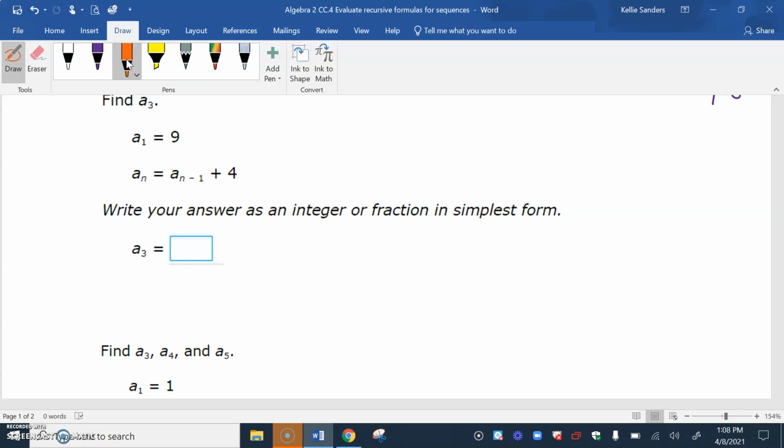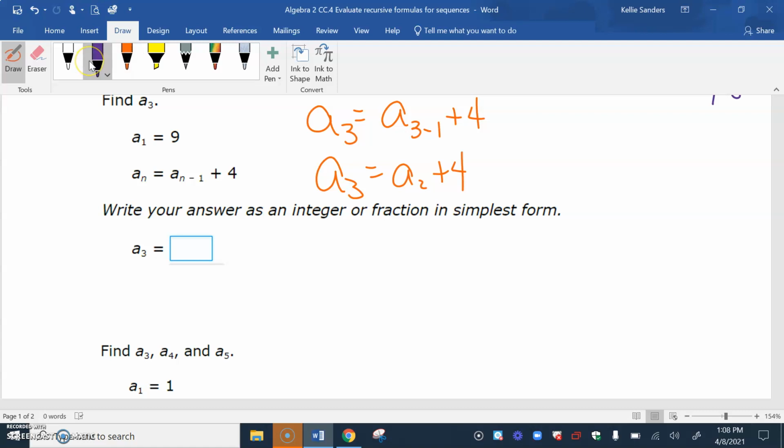All right, and so we want A sub 3 equals A sub 3 minus 1 plus 4. A sub 3 equals A sub 2 plus 4. So whatever A sub 2 is, we'd put it in there, but we don't know what A sub 2 is. So I have to go to the side and say, okay, A sub 2 is A sub 2 minus 1 plus 4.